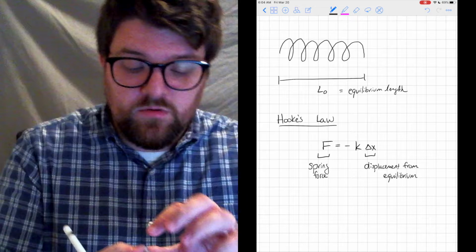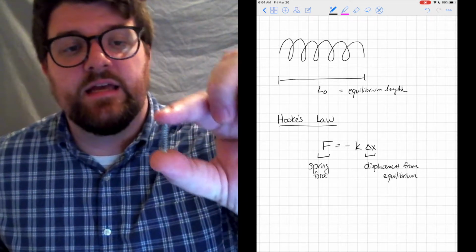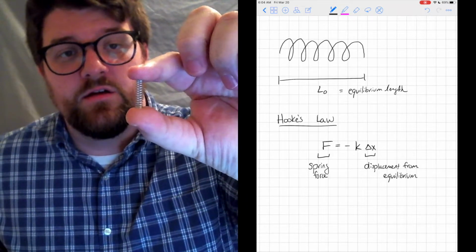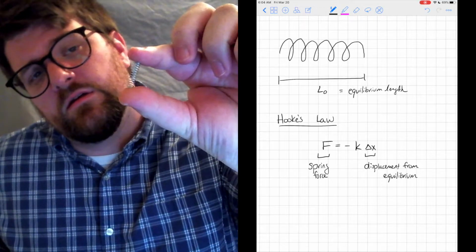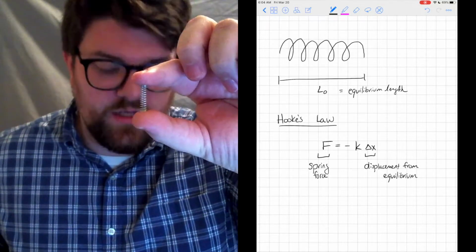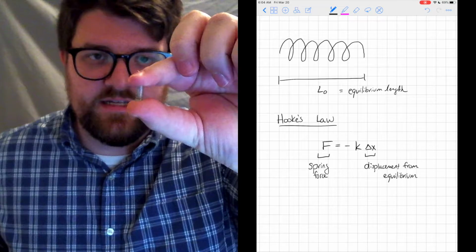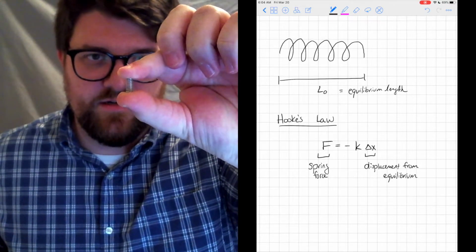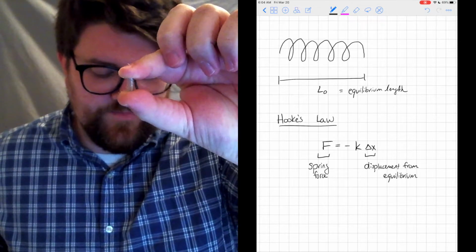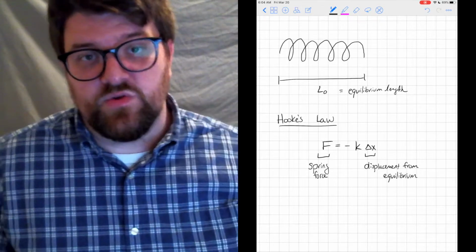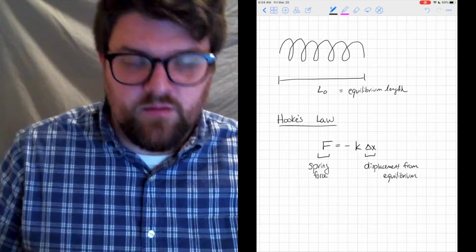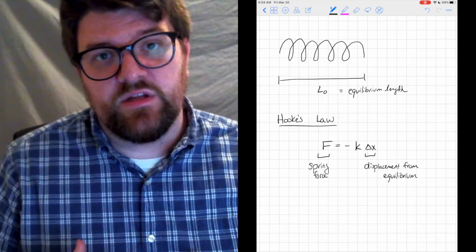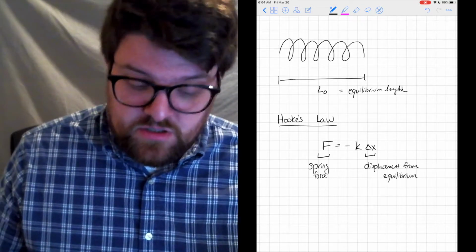So if I have an equilibrium length of, let's say, a little bit less than an inch, and I start to displace it to some amount, maybe a centimeter, half an inch, now I have some sort of force working on it. But that displacement is only going to be half an inch-ish.